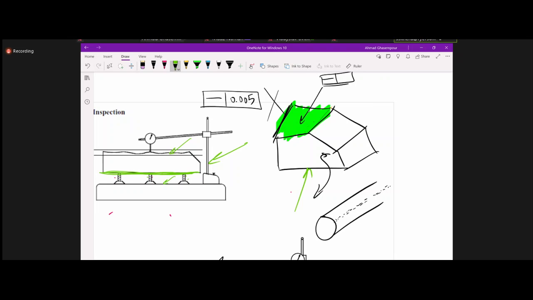But that's not the surface I'm inspecting. I'm inspecting this surface. So the surface at the top could be tilted, right? Yeah. So I need to make this flat, not the bottom surface. Okay. That makes sense.